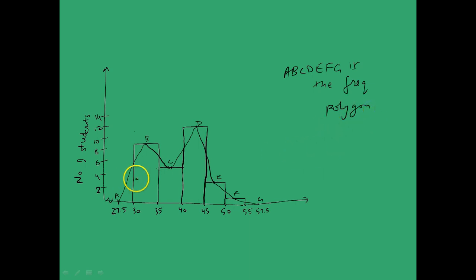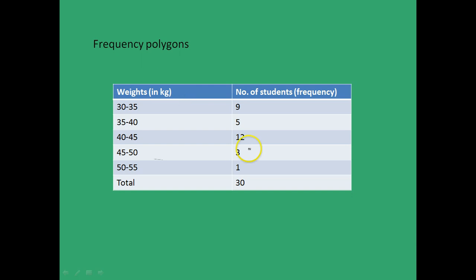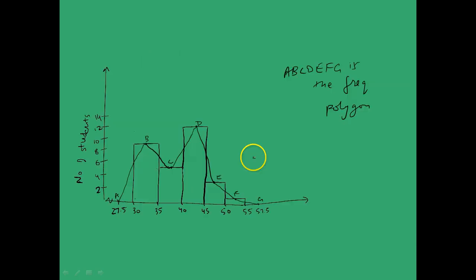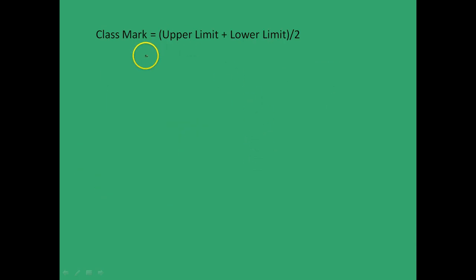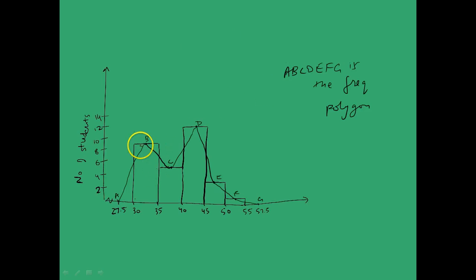Now, there is another way to draw the frequency polygon without the help of the histogram associated with the frequency distribution. For that, we require the concept of a class mark. Class mark is nothing but upper limit plus lower limit by 2. In fact, it is manifested in the frequency polygon that we made here also.